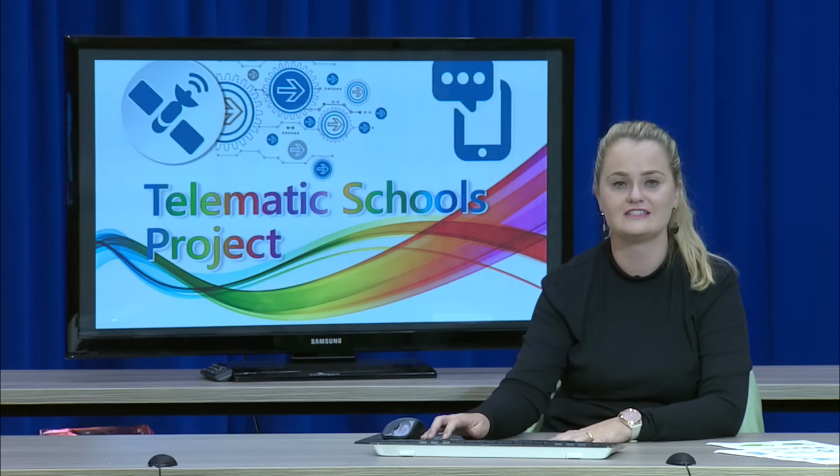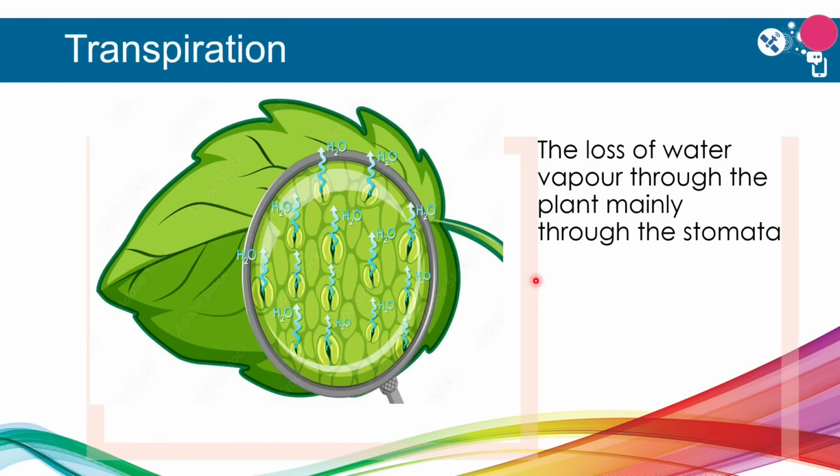All right, so digging back into the work, next up we're going to look at transpiration, and this is going to be the next sort of hot topic for this day. So just in terms of what is transpiration, there we have this magnifying glass, not that it's possible to see these little stomata with a magnifying glass, but transpiration is when water, indicated by these little squiggles, is lost through the stomata, and it is water in the form of water vapor, not water droplets.